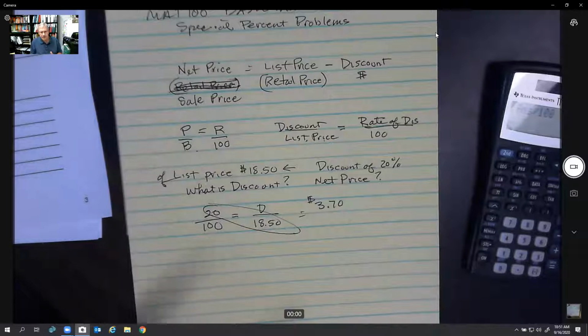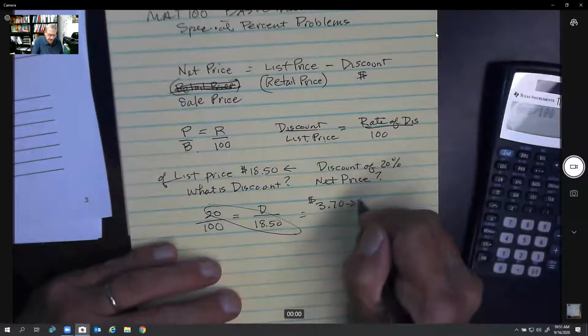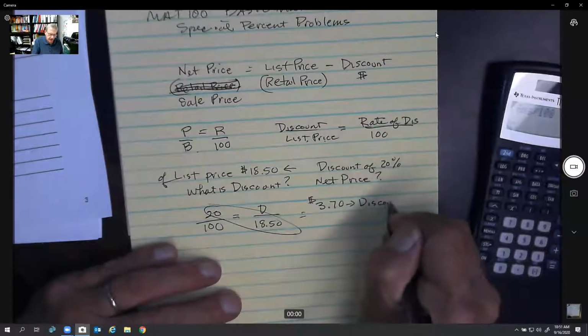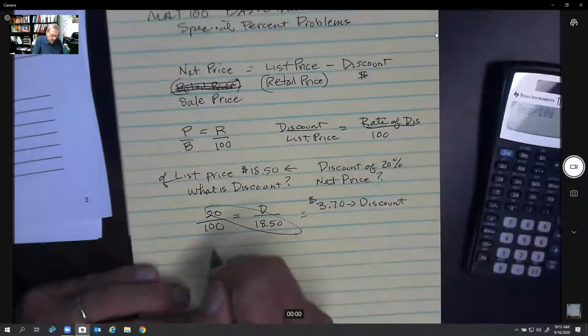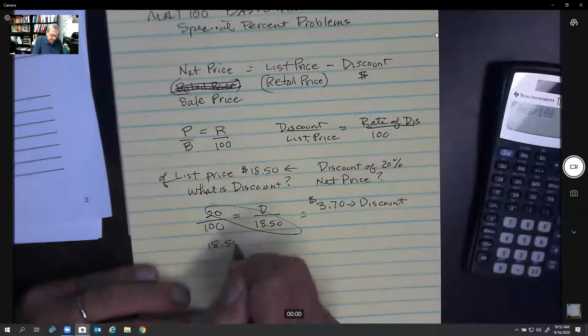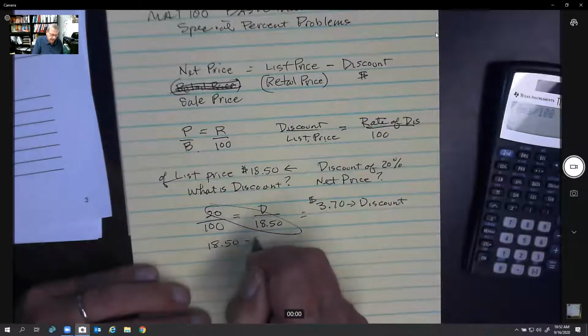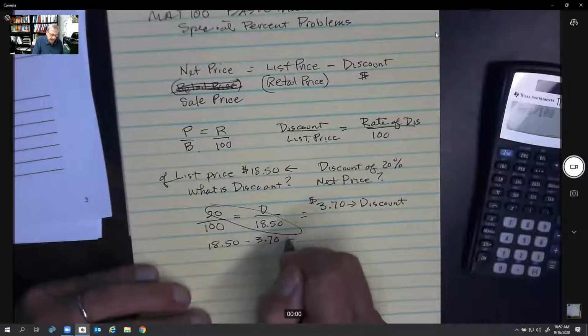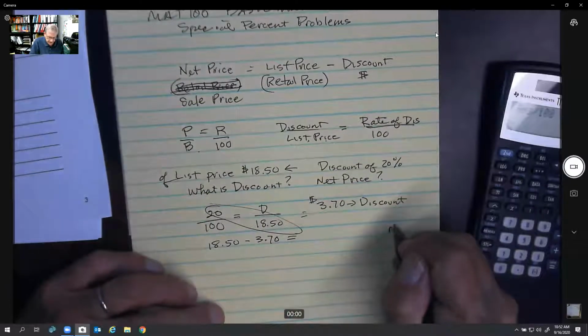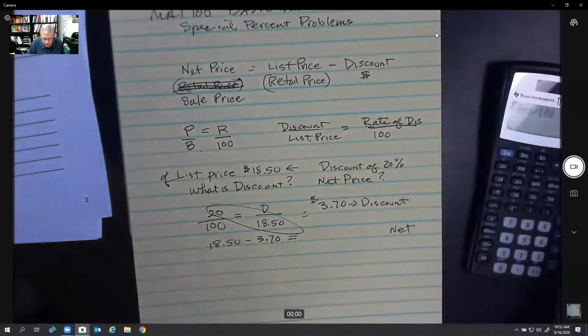Now, that's not what you're going to pay for it. It would be nice, but that's just the discount. That's how much they're reducing it by. What you're going to pay for it is $18.50 minus the $3.70. This would be your net price. This is what you're actually going to pay.